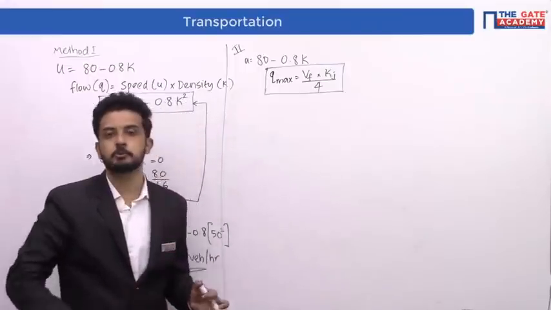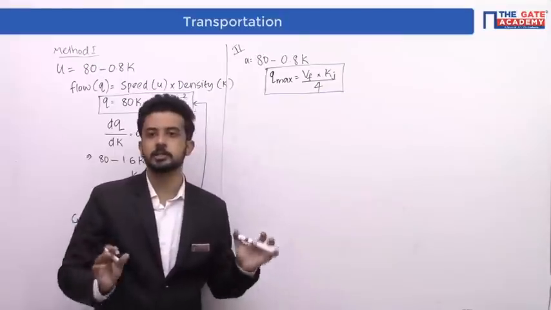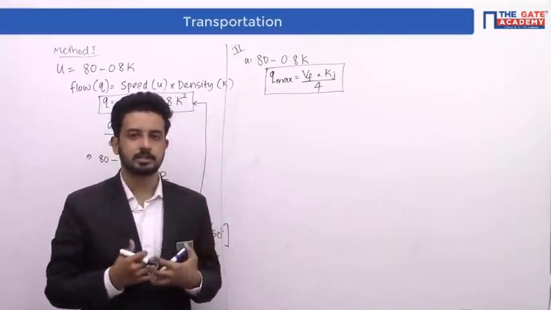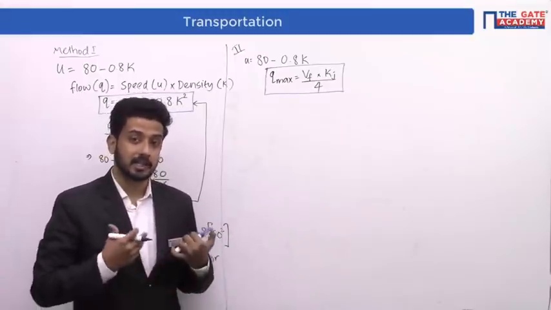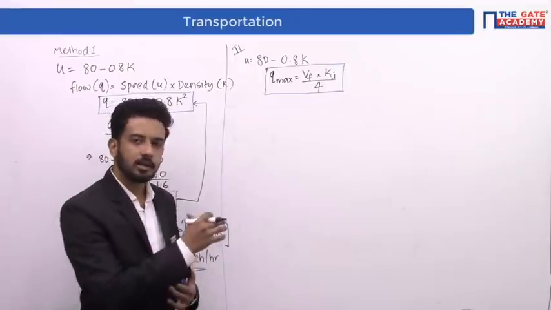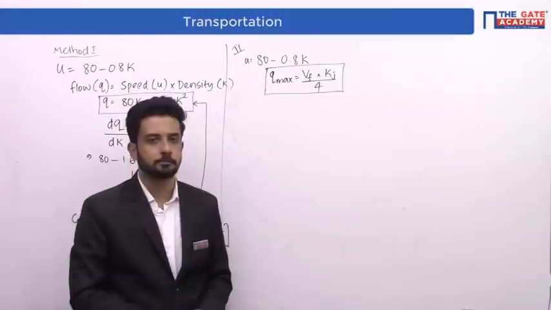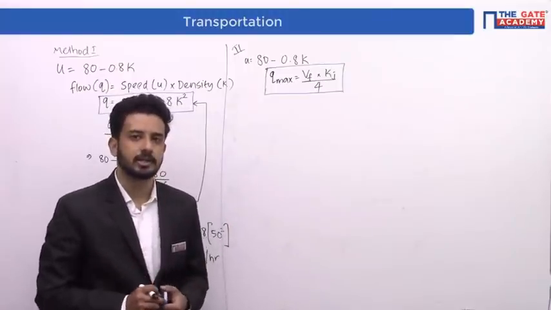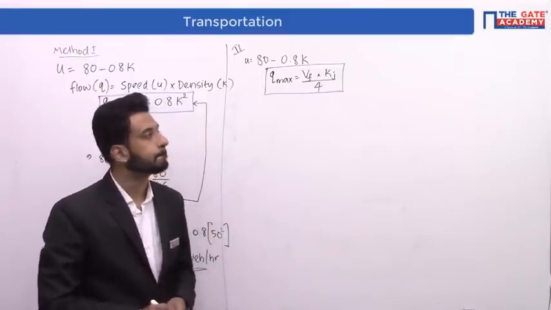The maximum speed, that is the speed at free flow condition. No other vehicles are there to disturb us, then we can go at a very high speed. We are free to flow in the stream. We denote it as Vf, the free flow speed.